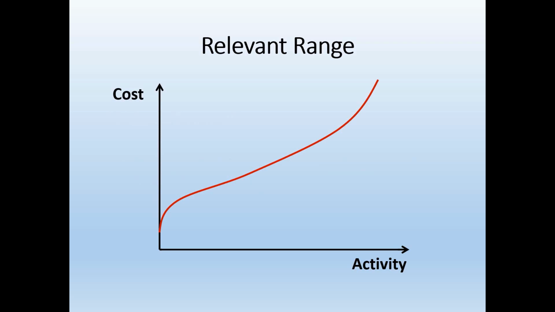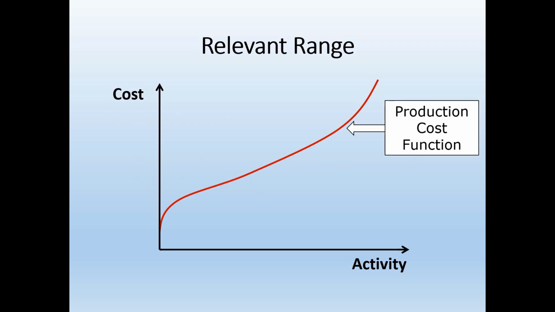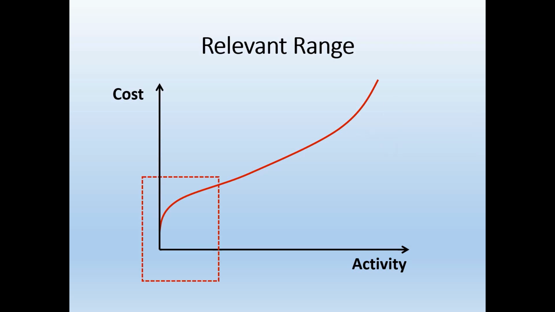Here is a diagram of a firm's typical production cost function, and you can see that it looks nothing like a straight line. It's certainly not a straight line at the lowest end of activity, but the firm is never going to be operating there.